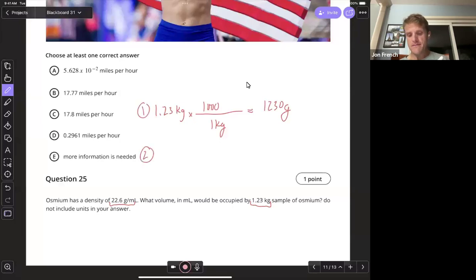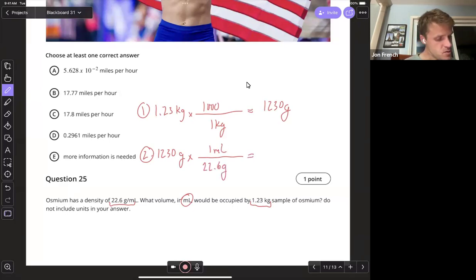Now I can use my density, 1,230 grams. And I know I'm looking for volume in milliliters, so kept that pretty straightforward. My density tells me for every 1 milliliter, I'm going to have 22.6 grams. Crazy dense material. So 1,230 divided by 22.6.